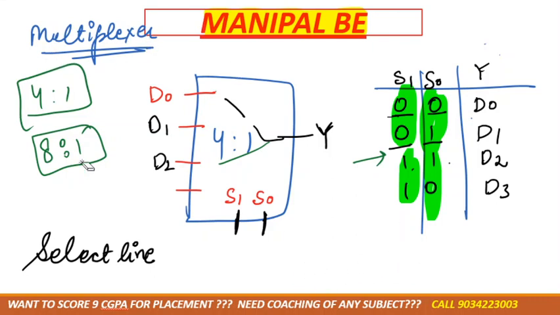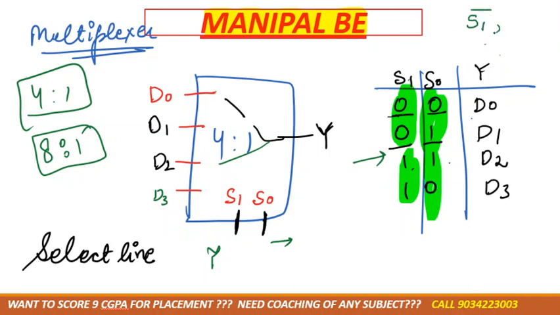Now the first step is to draw the block diagram. This one is the block diagram. Next step is to draw the truth table. Next, we have to get the expression from the truth table. So see what would be the expression over here. S1 is 0, so wherever in digital we get 0, we write bar, right?